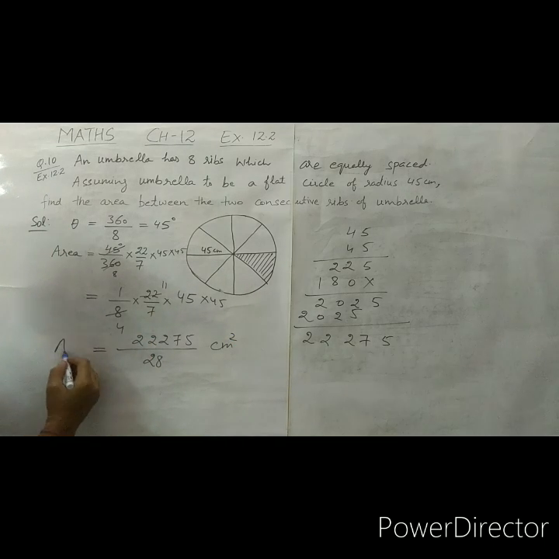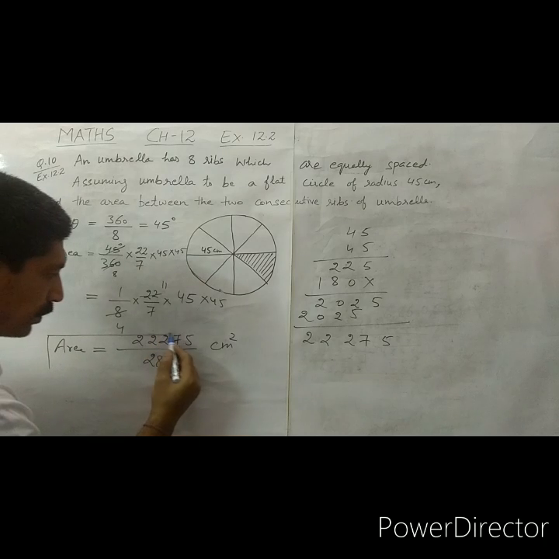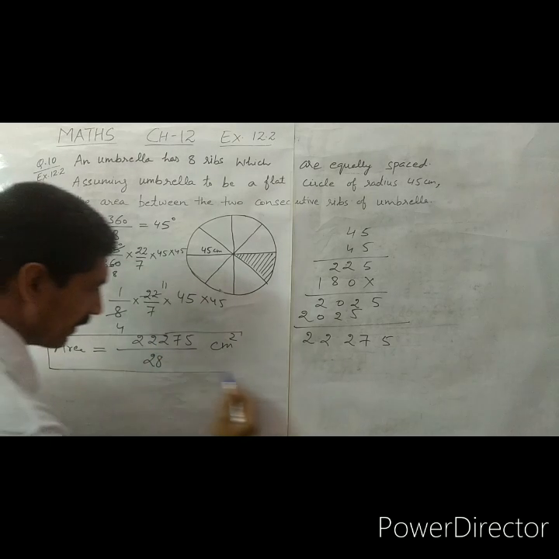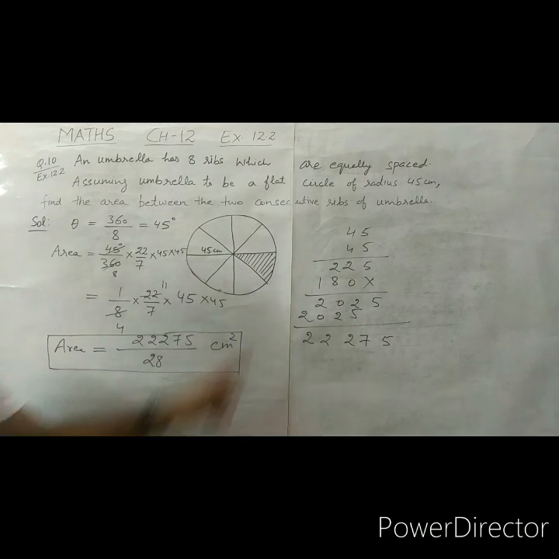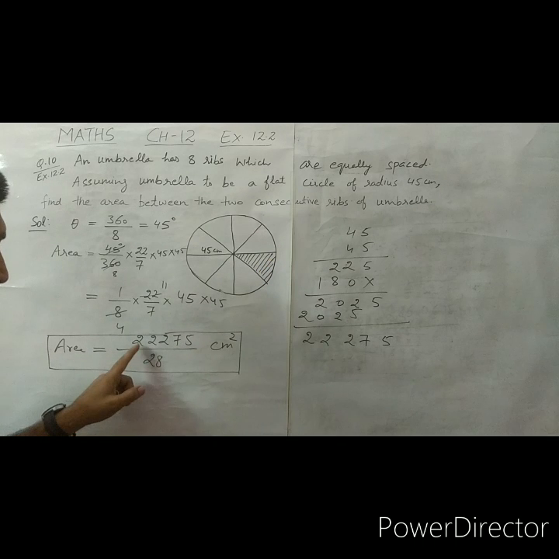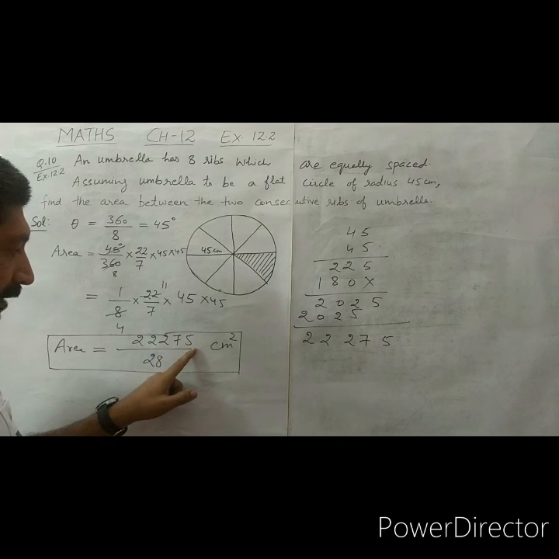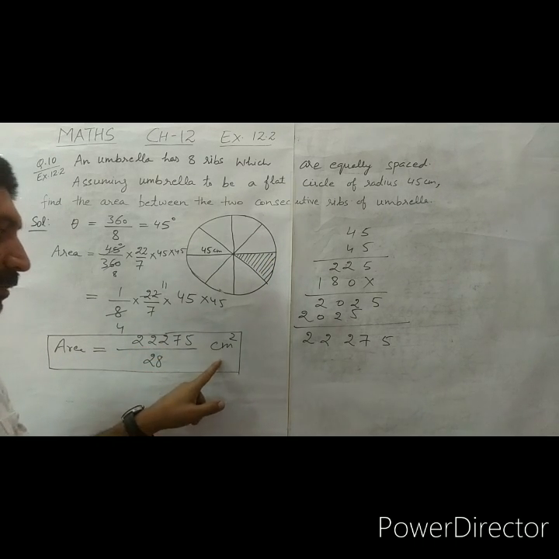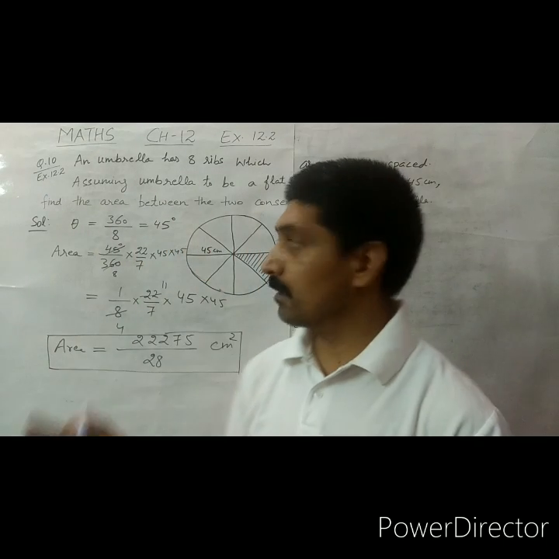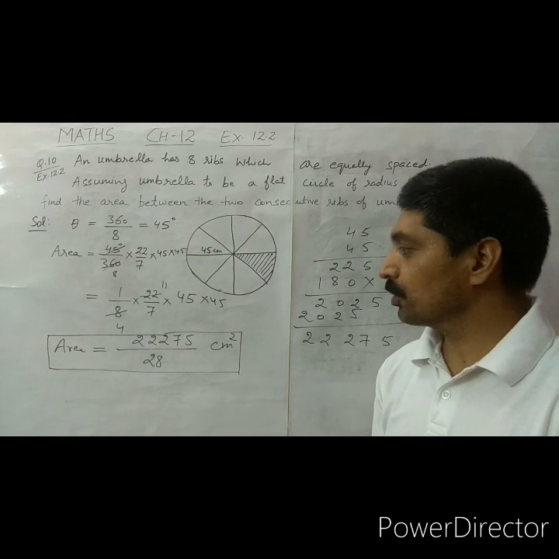So the area of this shaded portion, or the area between two consecutive ribs, is 22275 divided by 28 centimeter square. So this is a very simple question, maximum of 2 marks.